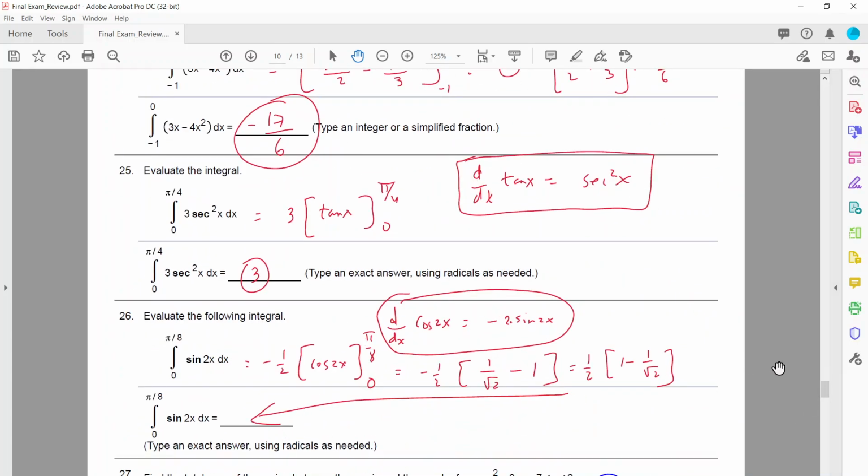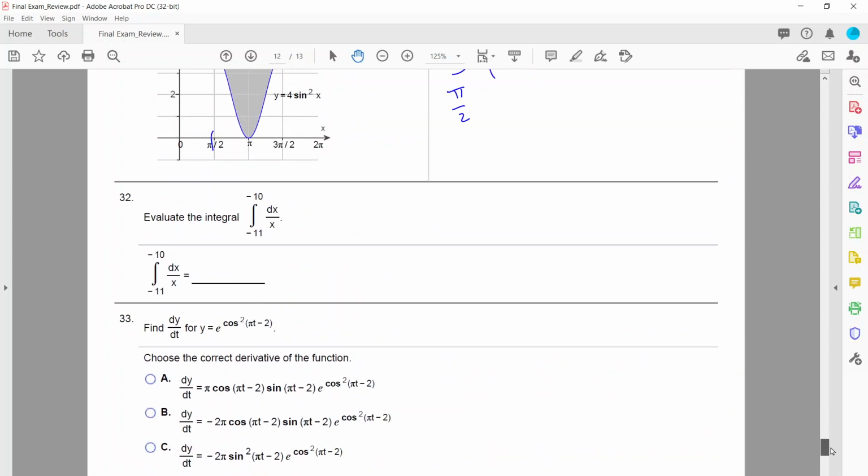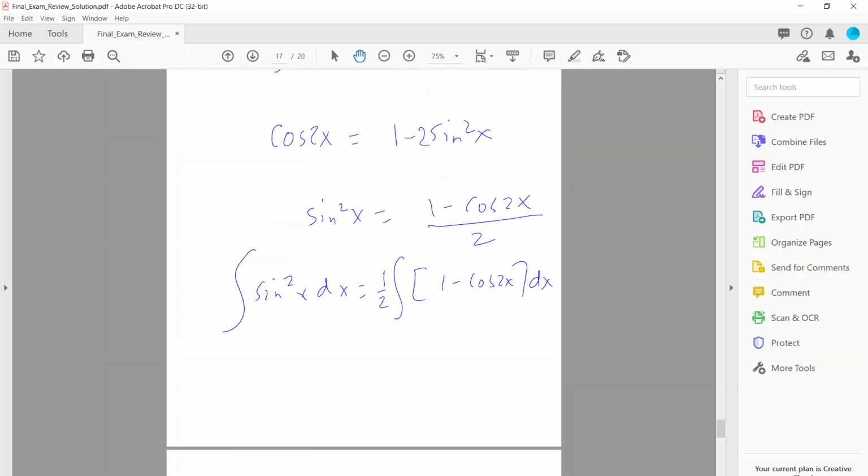We can use exactly the same idea here. So this is half, integration of 1 is x, and integration of cosine of 2x you can find.